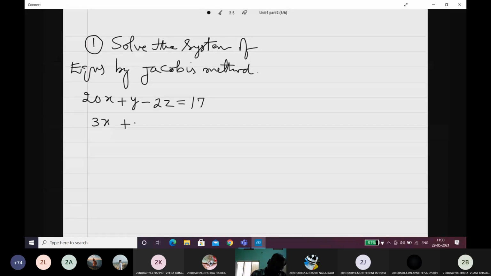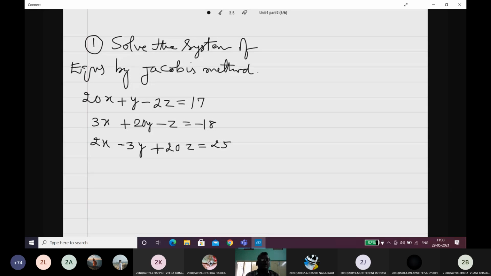3x plus 20y minus z is equal to minus 18. 2x minus 3y plus 20z is equal to 25.